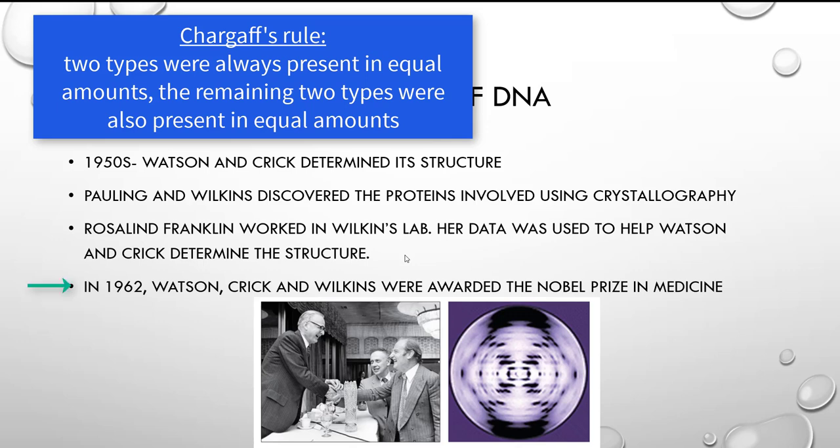Based on that, in 1962, Watson, Crick, and Wilkins were all awarded the Nobel Prize in Medicine. You might be wondering why Rosalind Franklin didn't receive the Nobel Prize, especially since her work was so critical in Watson and Crick finalizing the structure of DNA.